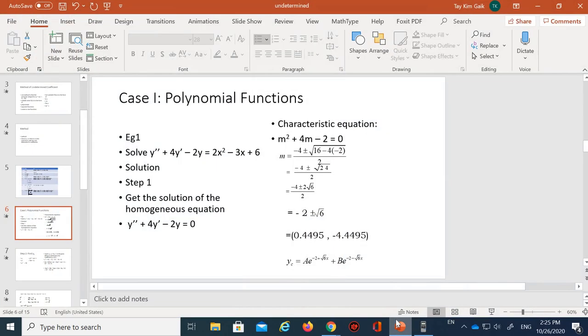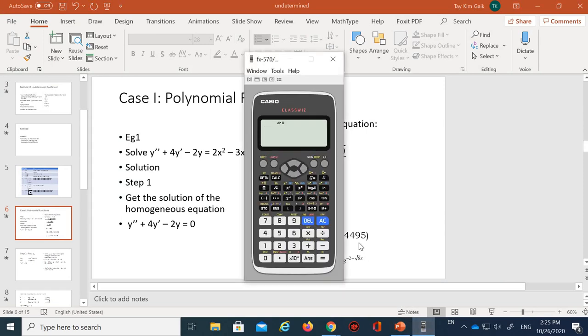Then what is the equation already? We are going to solve it using your scientific calculator. For those who have the MS, I would suggest that you directly change to this model, which is Casio 570EX.